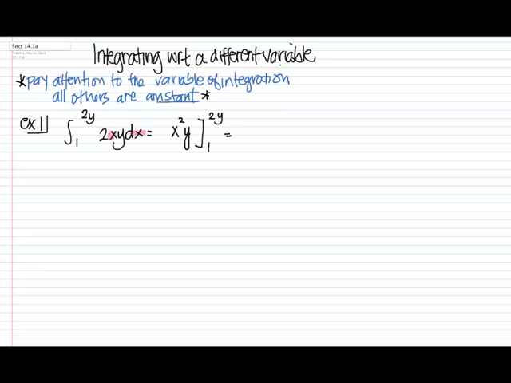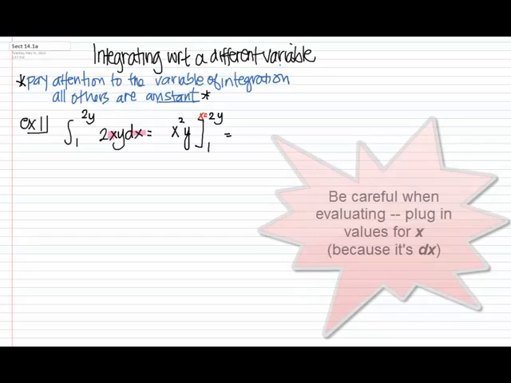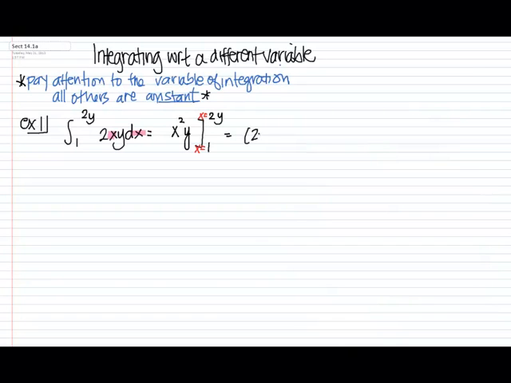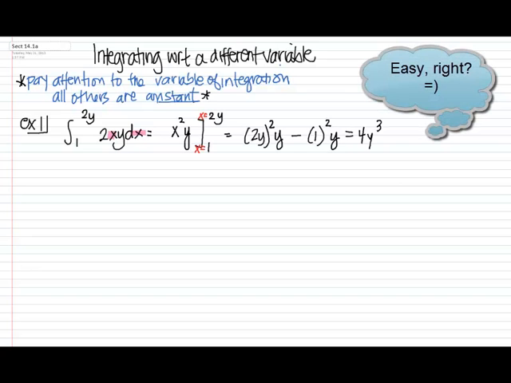And when you plug these in, again, pay attention to the variable of integration. So x is going to be 2y, and x is going to be 1 are the values that we're going to be plugging in. So I have (2y) squared times y minus 1 squared times y, and I get 4y cubed minus y.